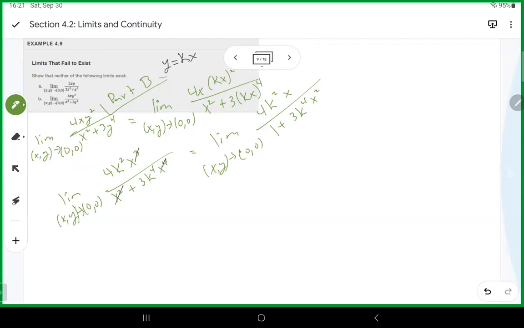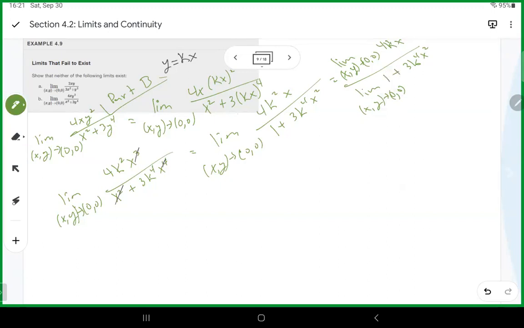At this point, we want to take the limits of the top and the bottom. So we'll have the limit as (x,y) goes to (0,0) of just 4k squared x, and the limit of 1 plus 3k to the fourth x squared.